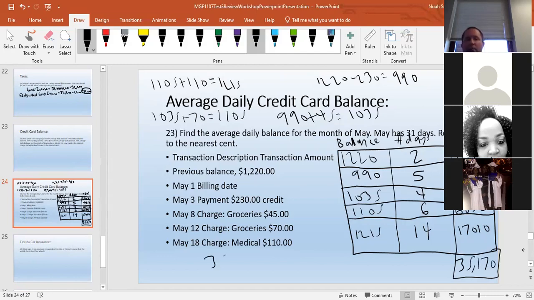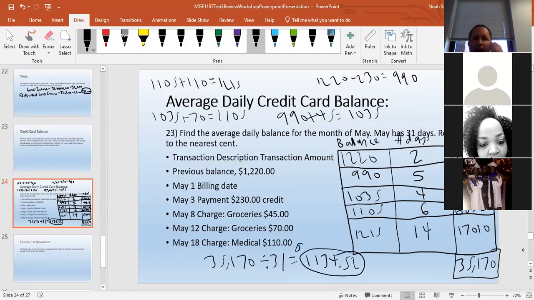And that's going to end up dividing by the number of days in the month, which is 31. So we'll do that on the calculator. And we actually end up with $1,134.52. And that's our total of that average daily balance there. All right, any questions?